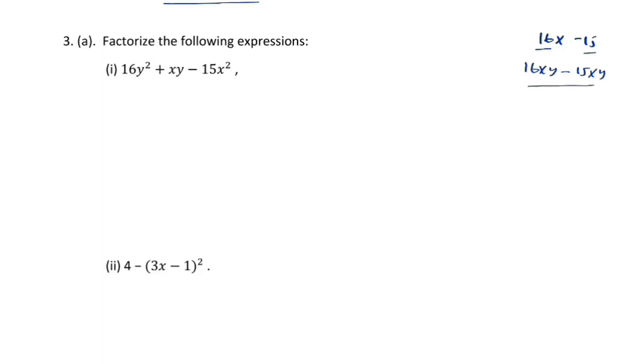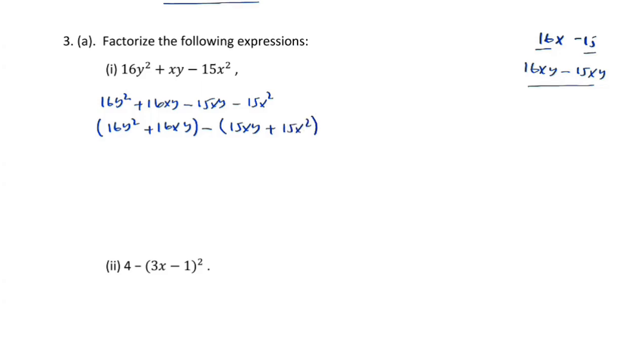So our expression is going to be 16y squared plus 16xy minus 15xy minus 15x squared. Separate the terms. We are going to have in brackets 16y squared plus 16xy, minus in brackets 15xy plus 15x squared. Let us now factor out common terms from each expression.